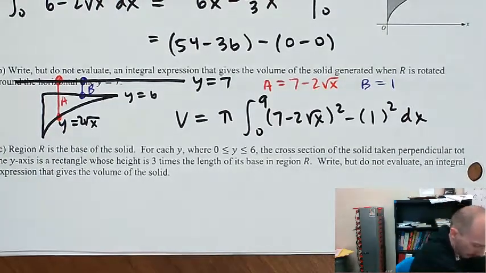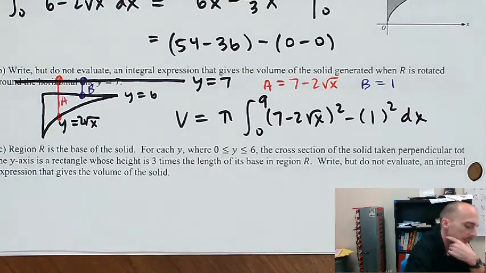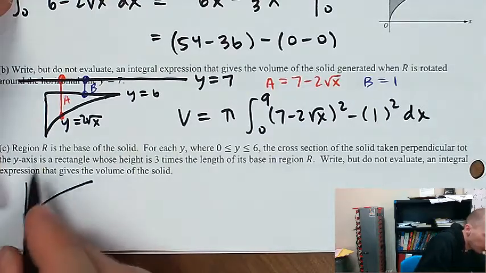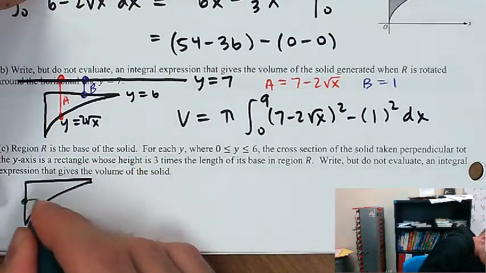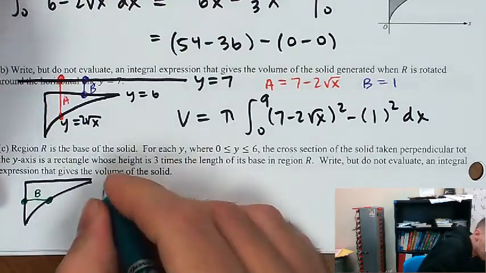And in part C, region R is the base of a solid. For each y between 0 and 6, the cross-section of the solid taken perpendicular to the y-axis is a rectangle whose height is 3 times the length of its base in region R. Okay, so what they're saying is, if this is the base here, height is equal to 3 times base.